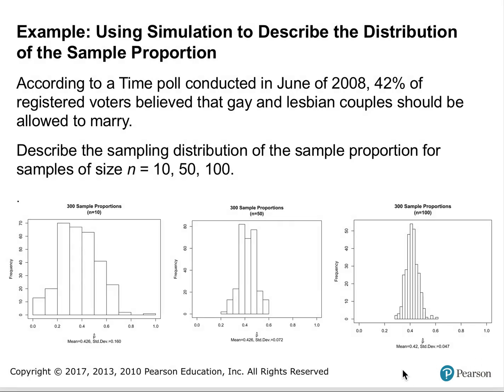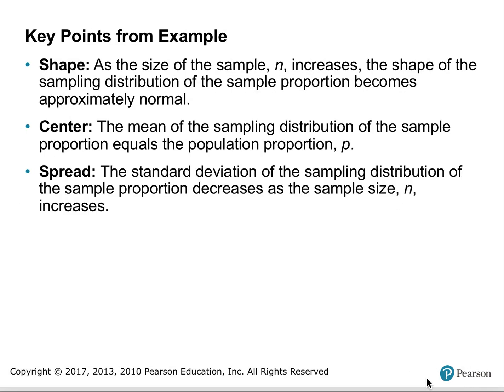I think the next slide, I was about to say something, but I think it's already on the next slide. Yes, the key points regarding the sampling distribution of the sample proportion. Shape: as the size of our sample increases, the shape becomes approximately normal, right? Gets more and more normal.